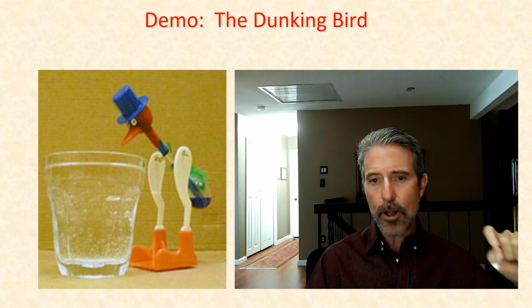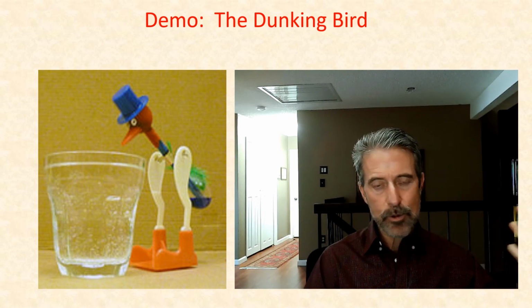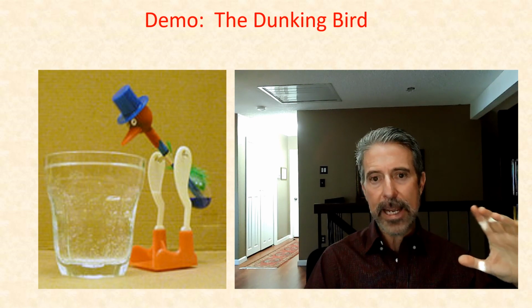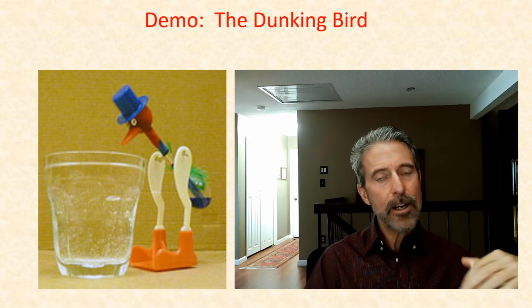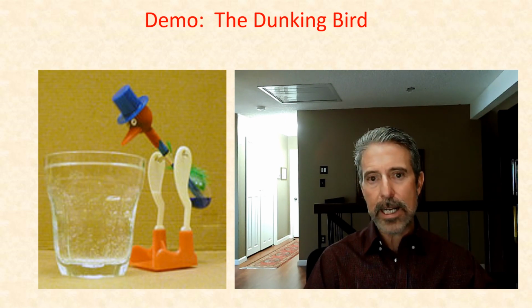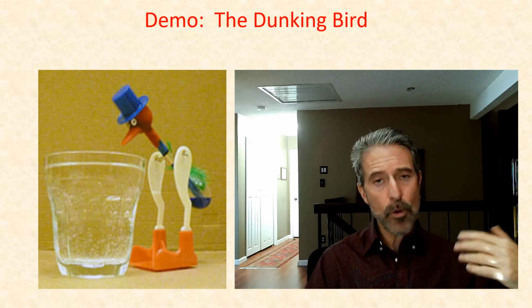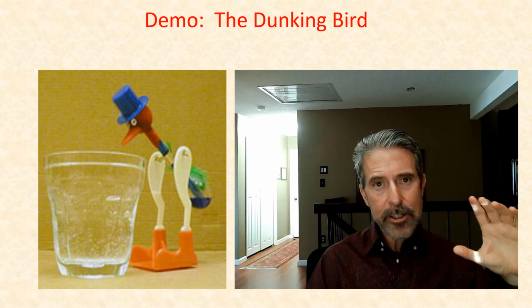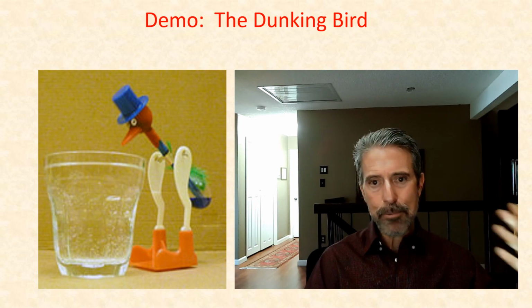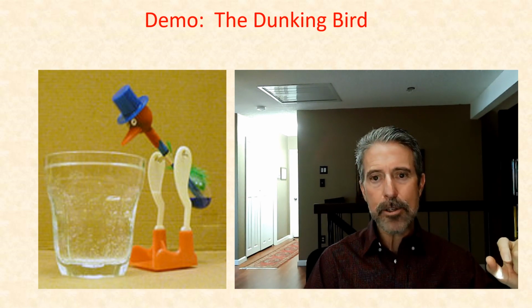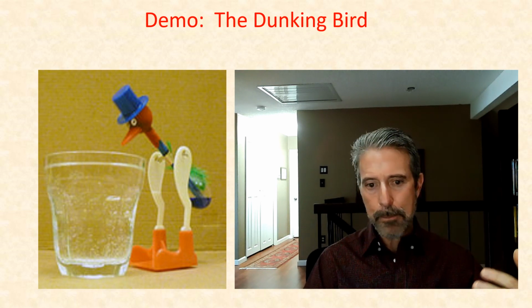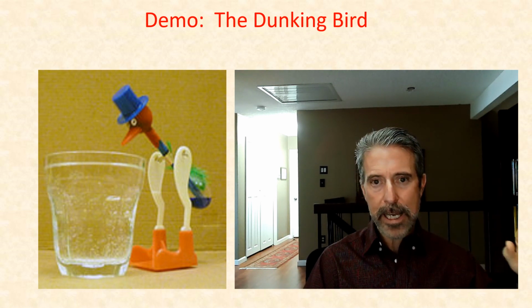Ether is what we call a volatile liquid, meaning it turns very readily from a liquid into a gas. It doesn't take a lot of energy for that to happen. And as this liquid ether evaporates, turning from a liquid into a gas, it creates pressure. And that pressure pushes the ether up the tube, from the bottom of the bird up to the head.